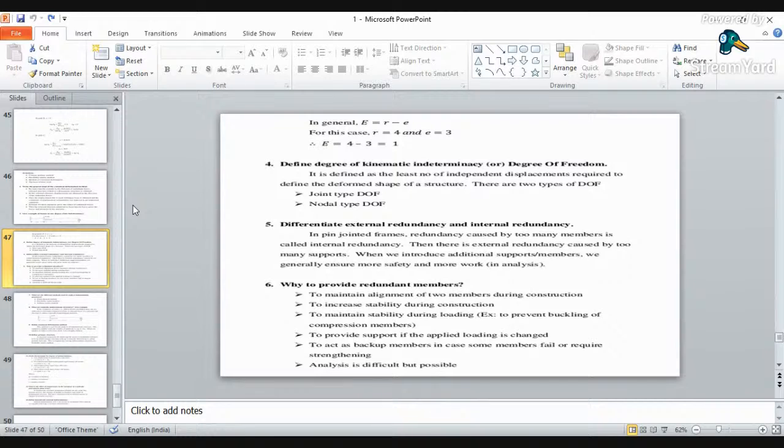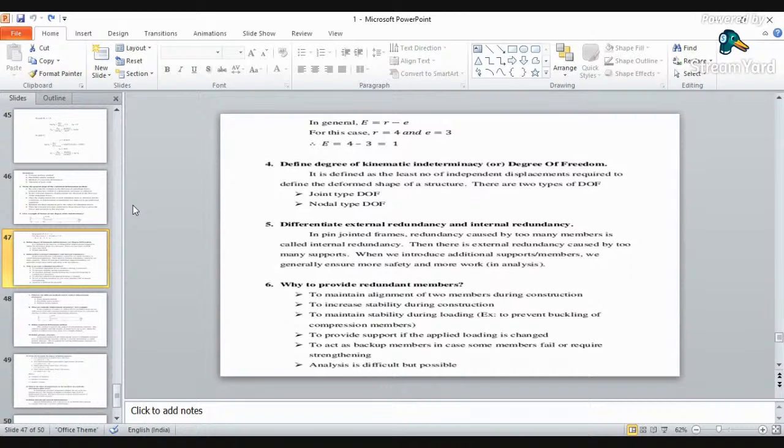Then, why provide a redundant member? Redundant is nothing but indeterminate. Practically it is very difficult to provide only determinate structures, because in space, at a single node or joint, you have 6 degrees of freedom: 3 for displacement and 3 for moments.